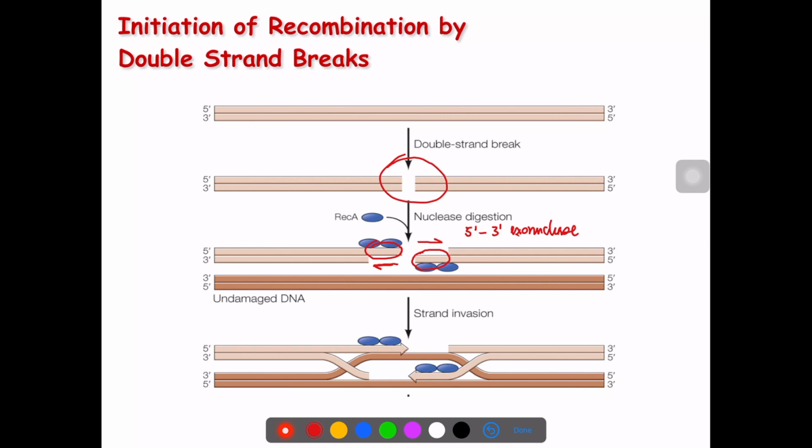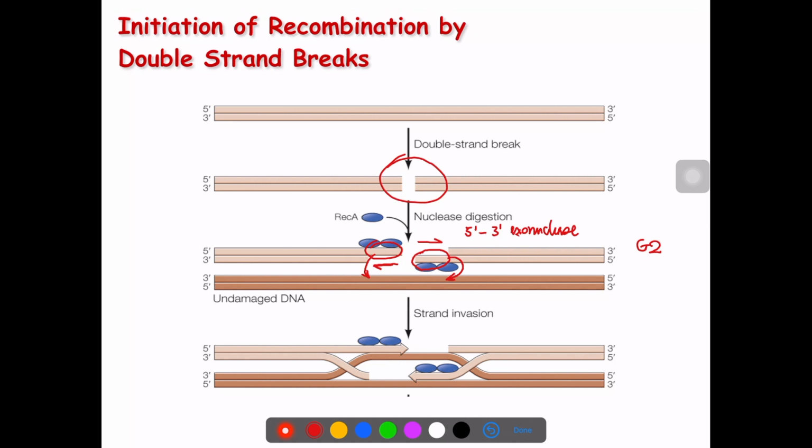and those sequences contain identical regions in the other sister chromatid that is present in very close proximity to a broken chromosome, because again, this is in G2 stage of the cell cycle, so you have two identical copies of that particular chromosome in very close proximity to each other.